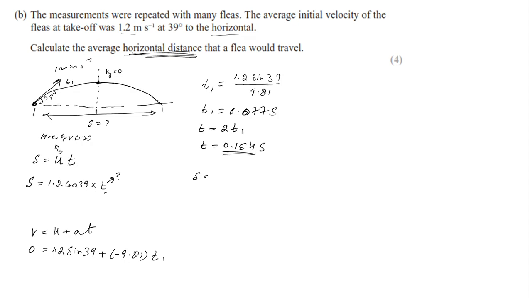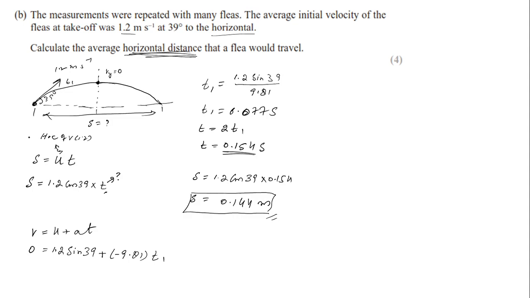Then s is equal to 1.2 cos 39 into 0.154, and if you do that, your s would be equal to 0.144 meter. This is the horizontal distance.